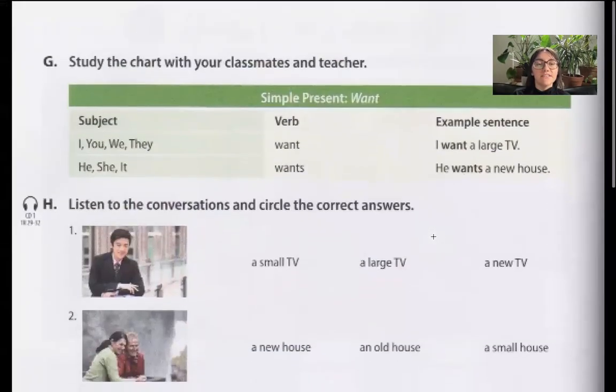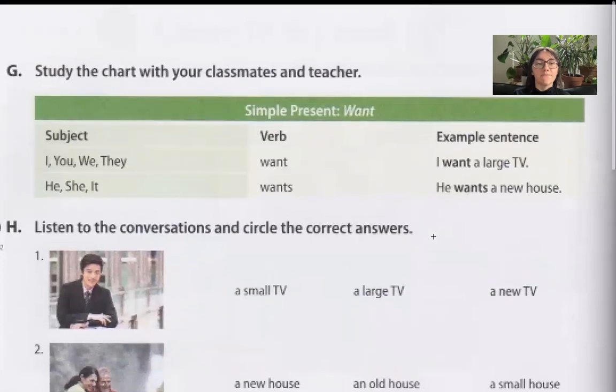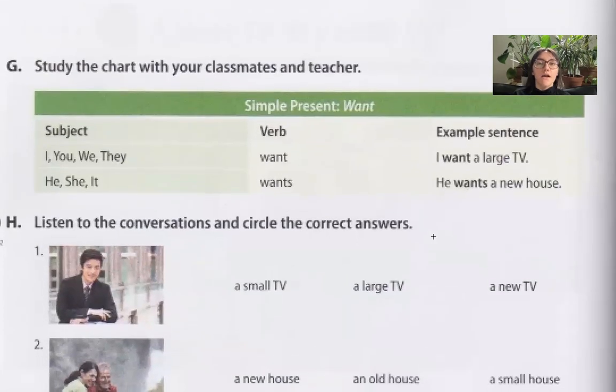Okay, next one, it says, study the chart with your classmates and teacher. So this one is something you may know. If not, we'll go over this. So remember that when we use verbs in the simple present, a verb like want, right? It's not a need, it's not a like, it's not a have, it's a want.